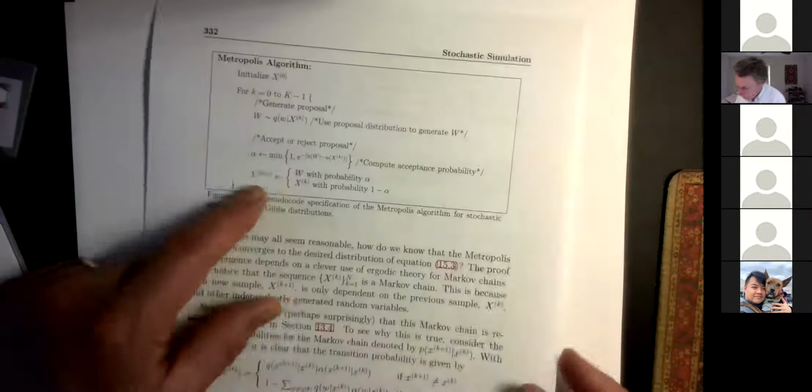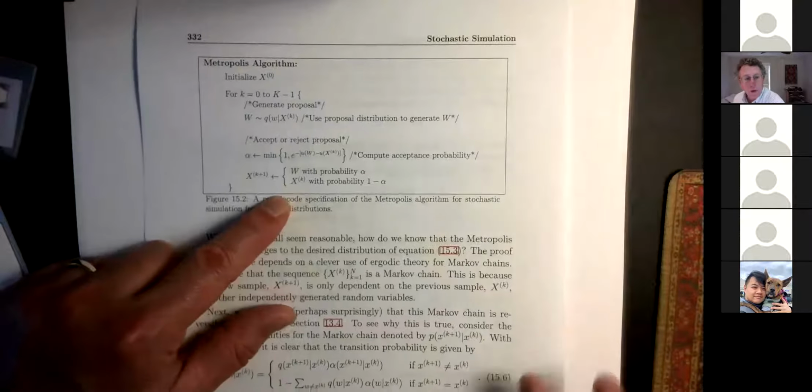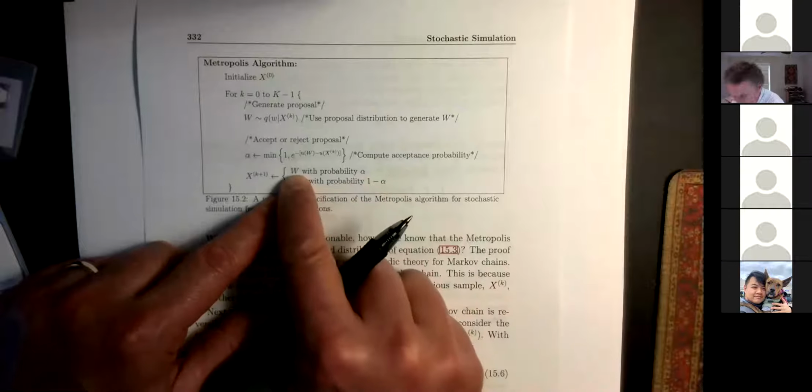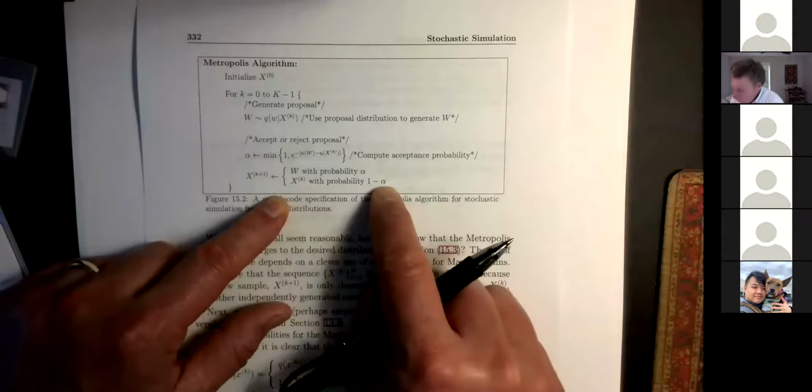Then I just say, I accept with probability alpha. So with probability alpha, I accept W, and with probability 1 minus alpha, I keep X. Now, how do I actually implement this?